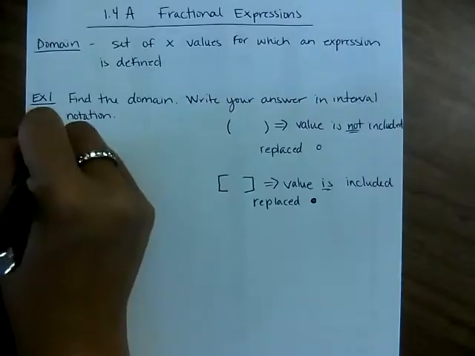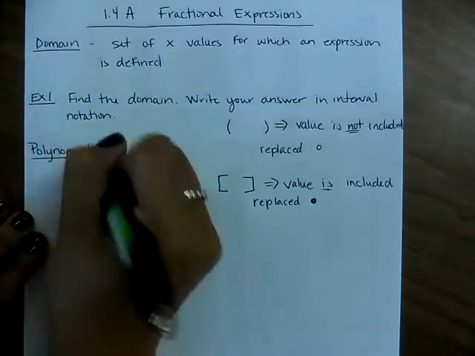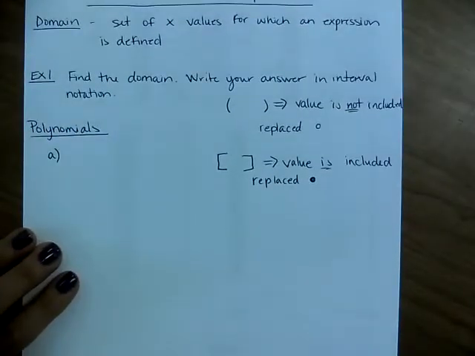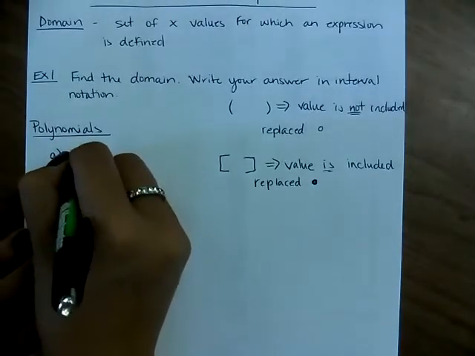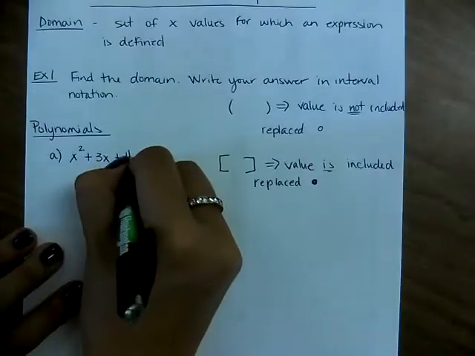Okay, so let's look at polynomials first. Okay, let's say, for example, we had x squared plus 3x plus 4.